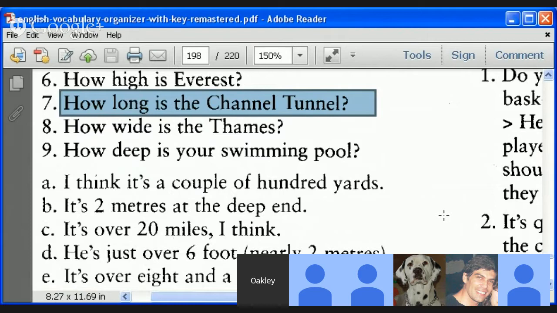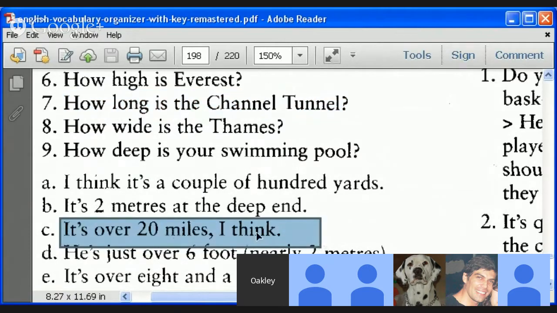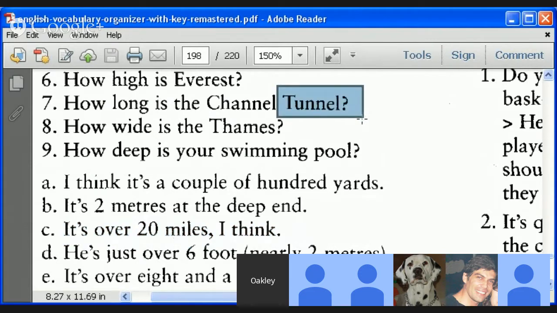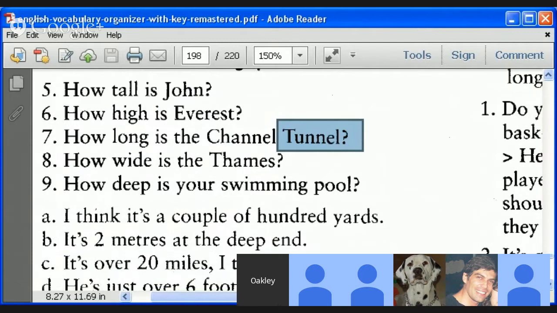The answer C, over 20 miles, I think. Again, very normal to say over 20 miles long. It's optional. You can say it or not. It's a little clearer if you do. Okay. A tunnel. Obviously, we're going to describe it as long.